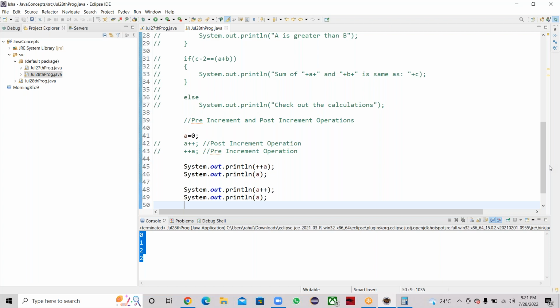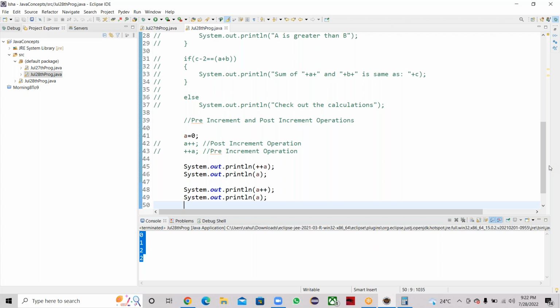It's 0, -1, 0. One question, Uma. How can you get -1? Pre-incrementation means it goes back, I'm thinking.